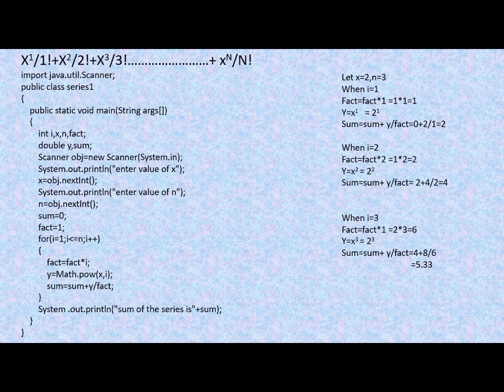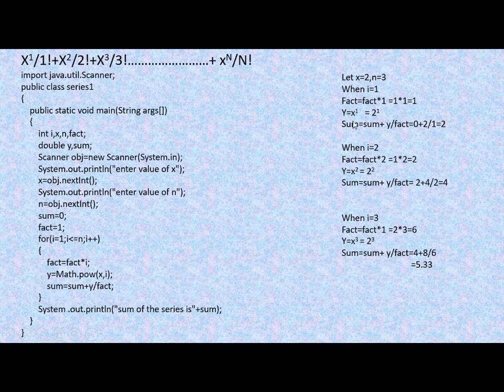So here we are having the dry run of this code. So this is the program, and I have taken here the value of x as 2 and n as 3 to compute the value of this series. So when I equals to 1, it is given that fact equals to fact into I. So first thing it will compute fact into I, so that is equal to 1 into 1, and that is equal to 1.